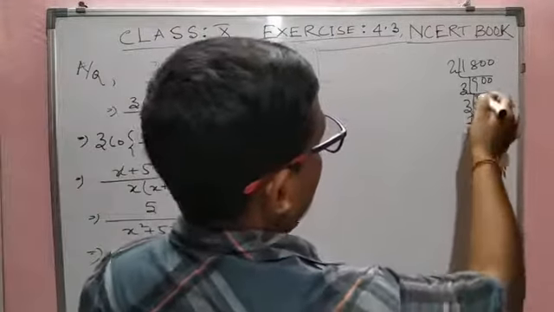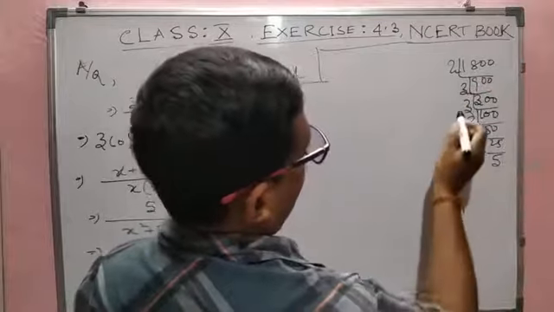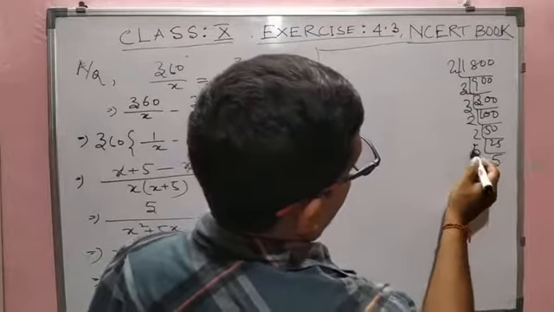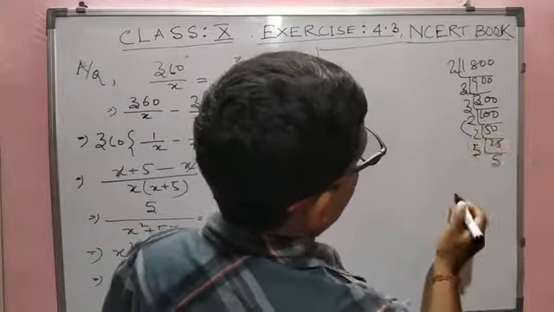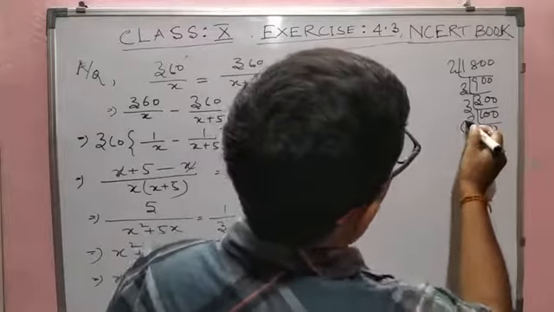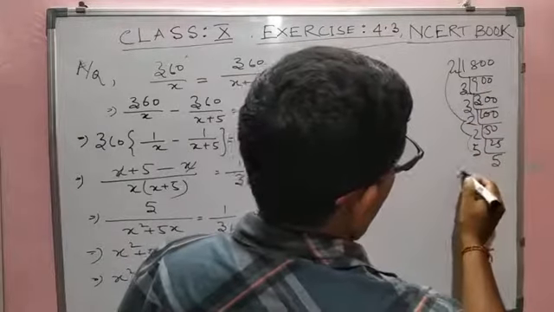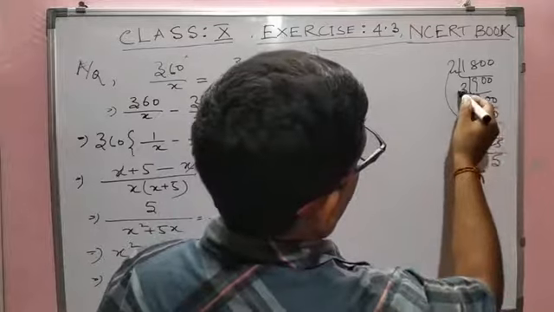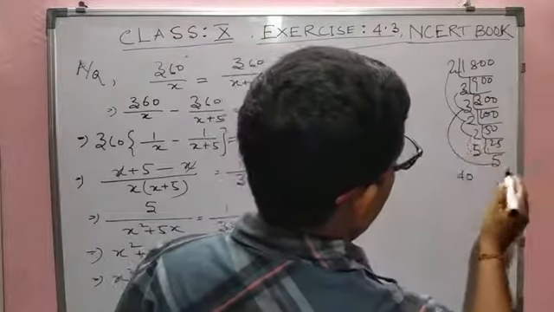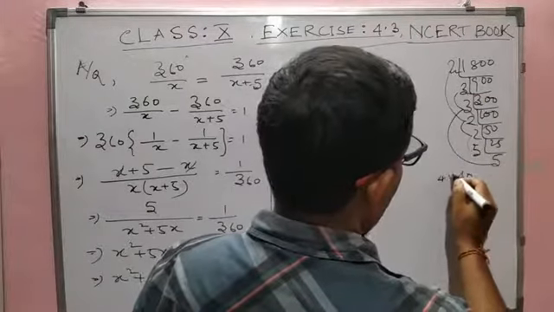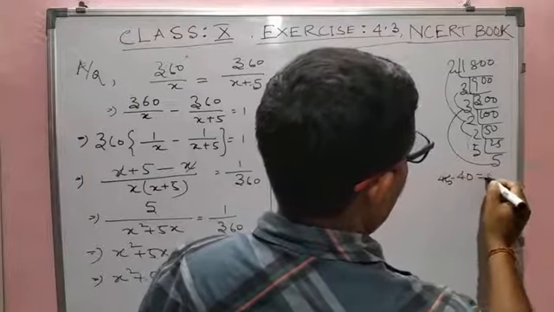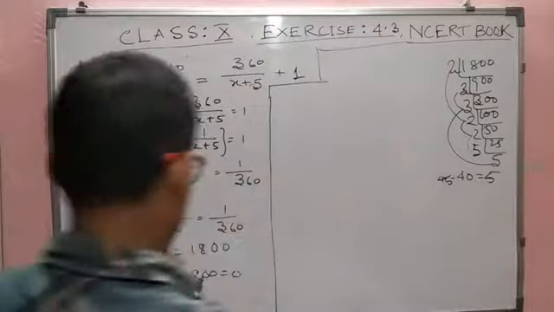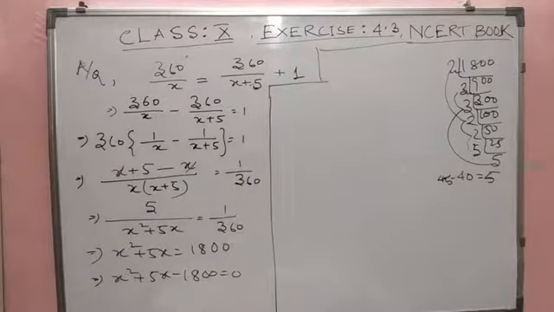We can break this one by the prime factorization method. So we get here, you see 5 tens are 50, 10 twos are 20... so we need two numbers: 45 and 40. On one side 40, and on the other side 45, so 45 minus 40, we get 5. So middle term factorization will be 45 minus 40.